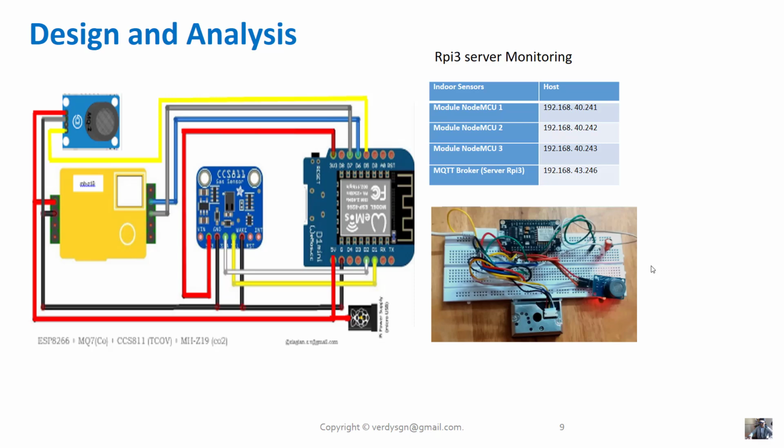Design and analysis. For our sensor design, we propose three NodeMCUs. Each NodeMCU is connected to three sensors: the MQ135 sensor, the MQ7 sensor, and the CCS811 sensor, connected to the WeMOS.